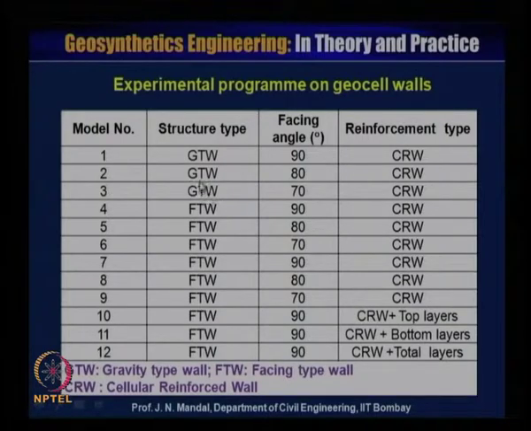Then for the gravity type wall the angle also changes to 80 degrees and 70 degrees, but in all cases we use the cellular reinforced wall. And model number 4 is FTW, that is, facing type wall.